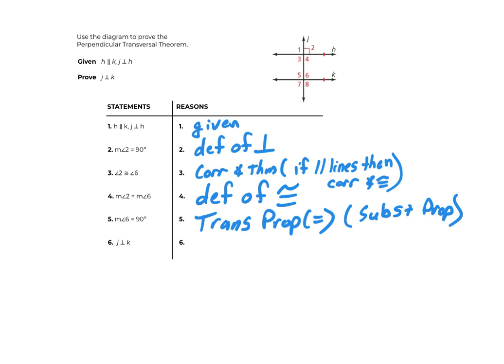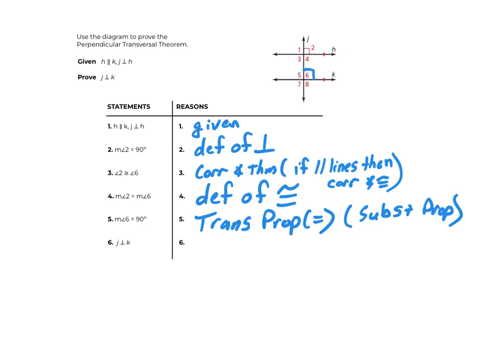Okay, and finally, why do I know that J is parallel to K? What are we saying right here? What do we know about angle 6 now? It's 90, right? And so what I could do right here is go ahead and put in my 90-degree marking.